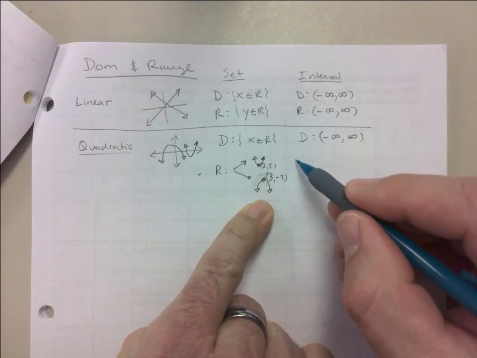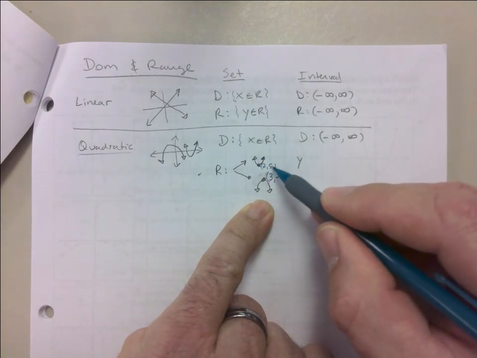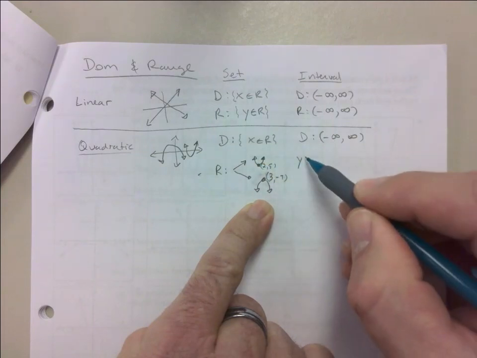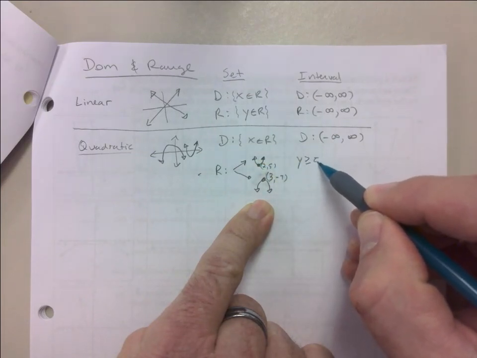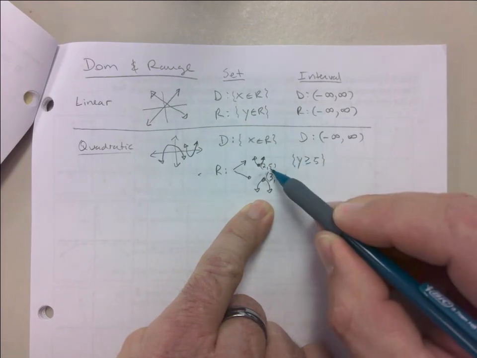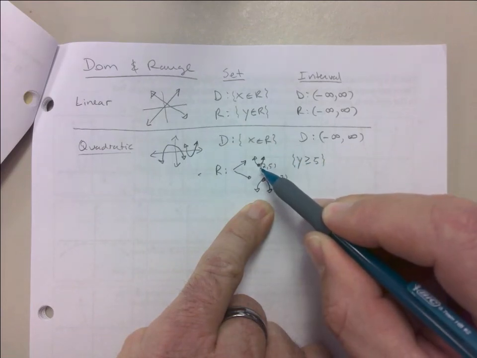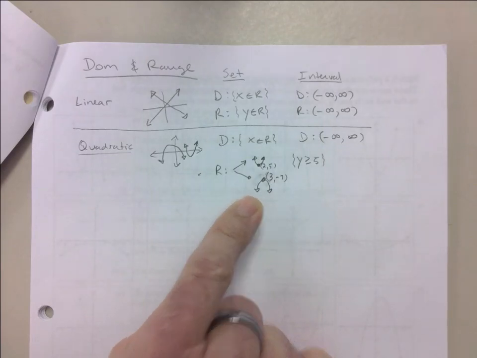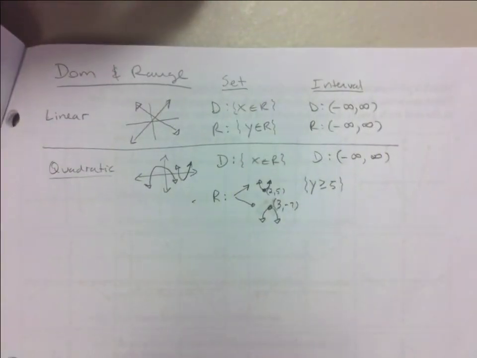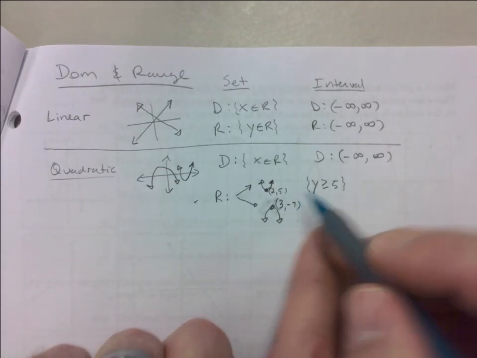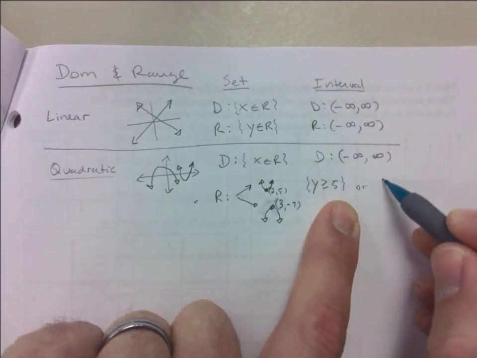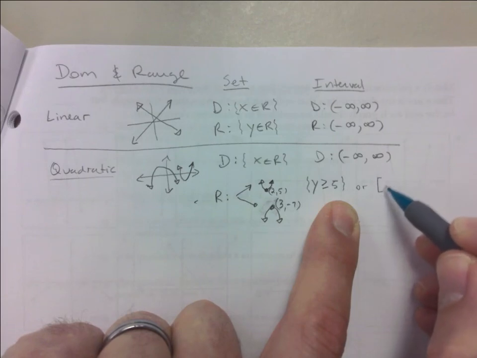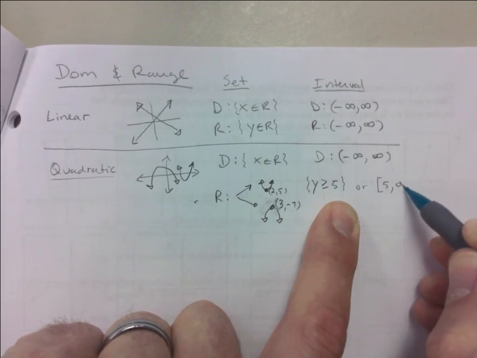For the range, therefore, you would say that y, in this case, if it's pointing up, y is greater than or equal to 5. Right? 5 is the lowest, so you need your vertex for the range. There's no way around it. I need to zoom in. There you go. Okay? Or it goes from 5 all the way to infinity.